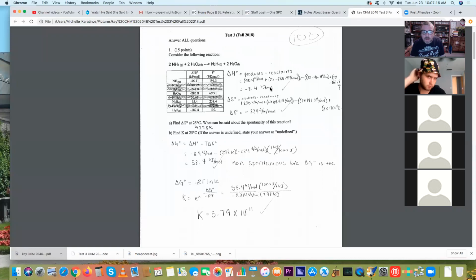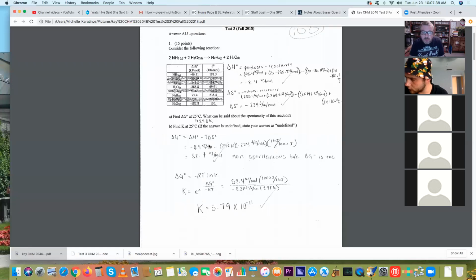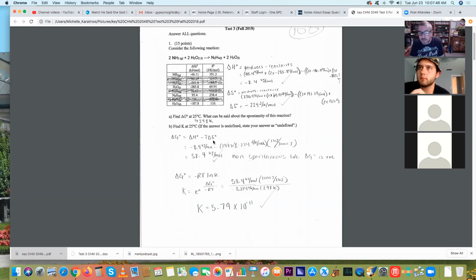So there's two equations that we deal with here, one for delta H and one for delta S. Now, delta H is heat of reaction and delta S is entropy. And then we also have this other thing called delta G, which is a combination of delta H and delta S. Now, what we find, and this is just in general, is that reactions that release heat and reactions that increase in entropy tend to be favored over reactions that are the other way around.